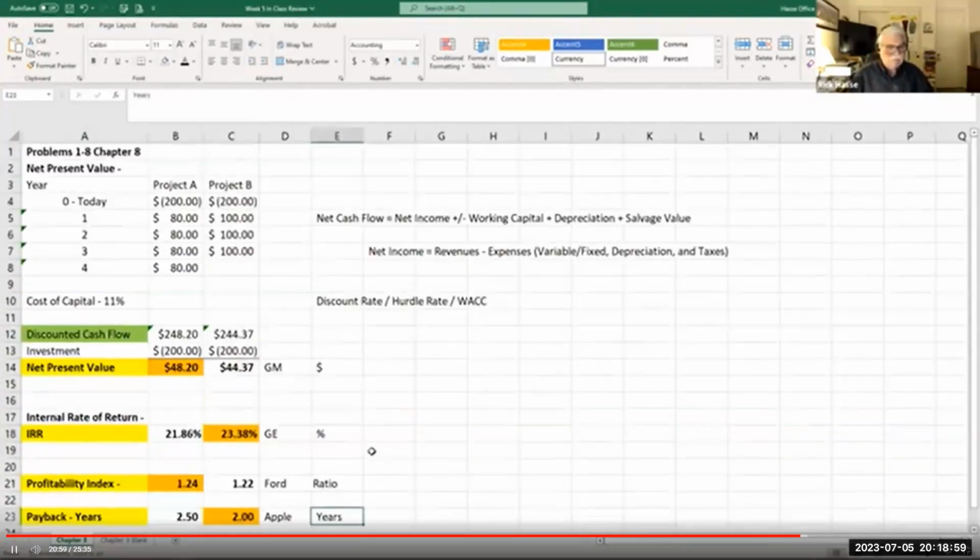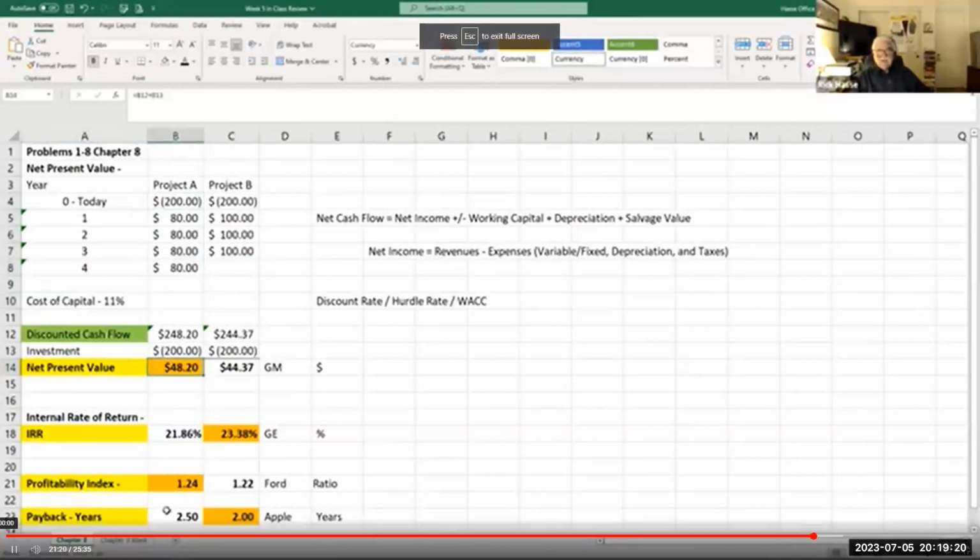You need to know these 4 methods. And to do these 4 methods, you've got to know the investment, the length of the investment life, how much you're returning, and the cost of capital. Put all those together and you get this information, which you can now use to make a strategic decision.